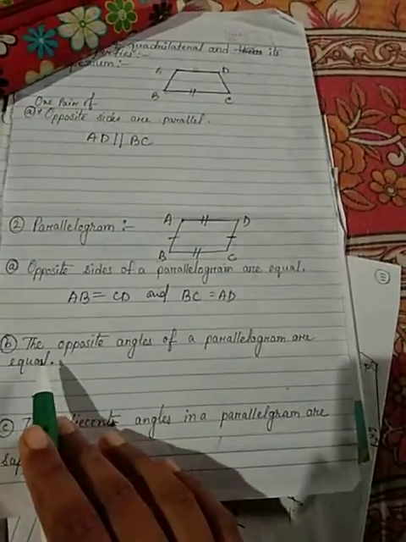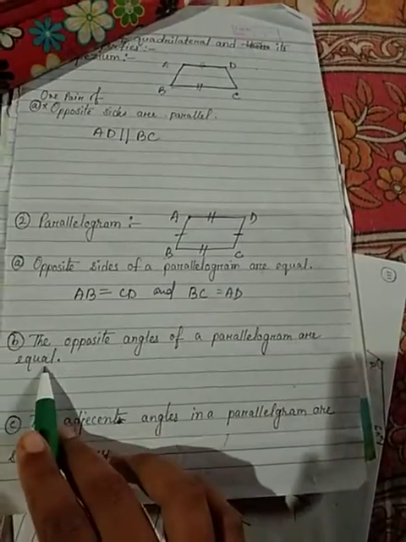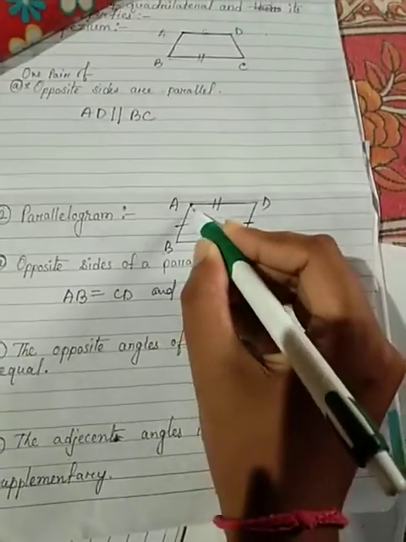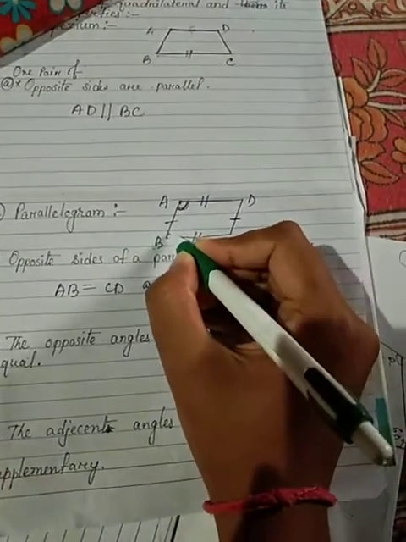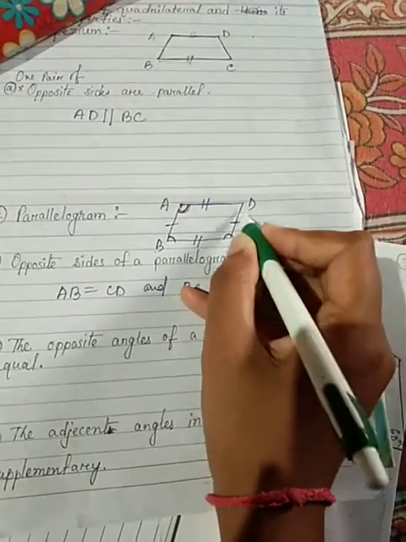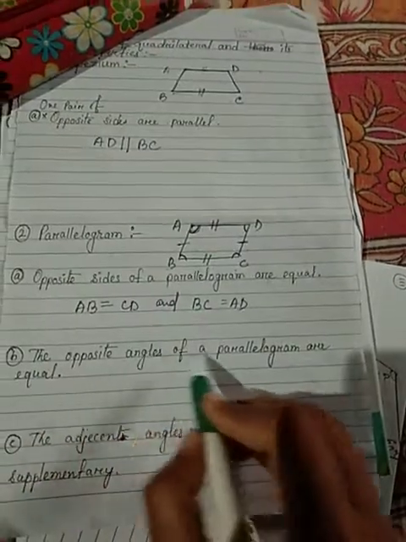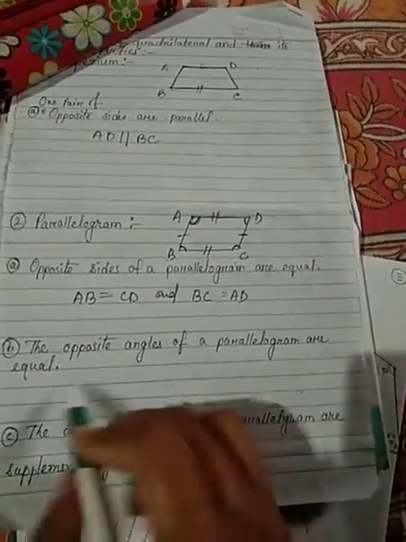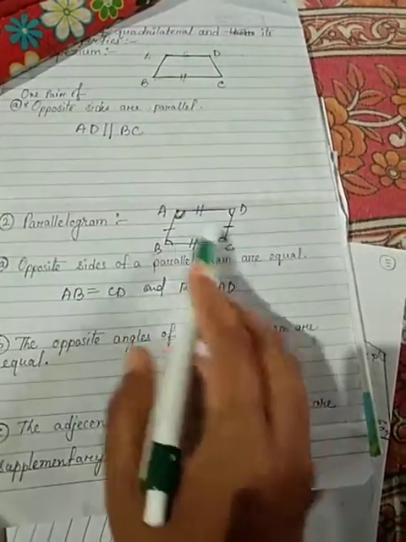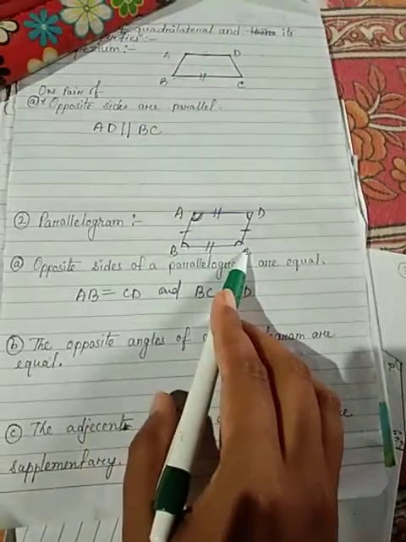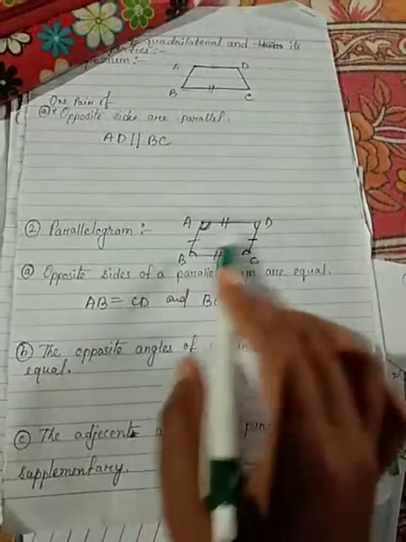Next property is the opposite angles of a parallelogram are equal. In this figure, this is angle A, this is angle B, this is angle C, and this is angle D. So angle A's opposite angle is angle C. That means angle A and angle C are equal, and angle B's opposite angle is angle D. So angle B and D are equal.